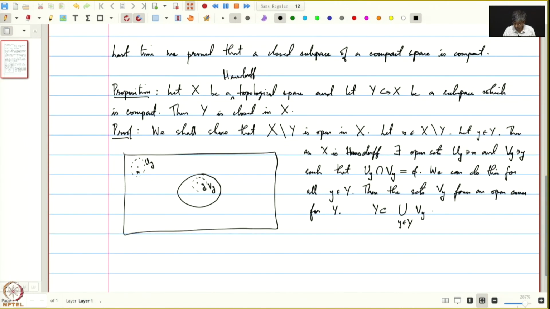So this implies that Y is equal to the union over y in Y of Y intersection V sub y, and since this is an open cover, this has a finite subcover, so this is equal to the union i equal to 1 to n of Y intersection V sub y_i.